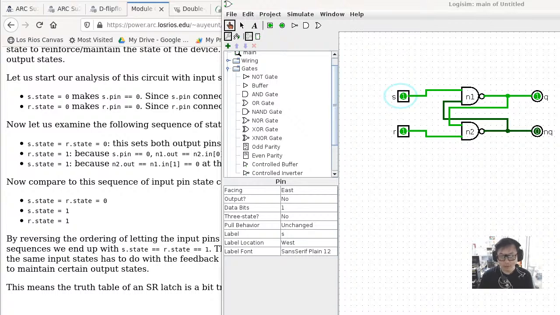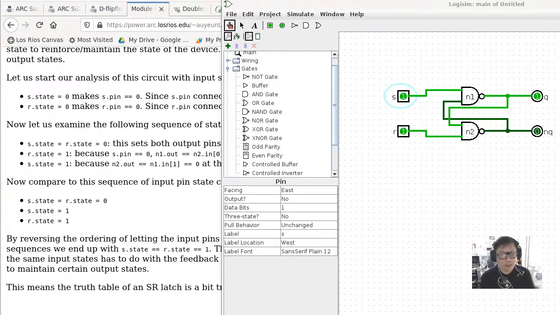So do we have any questions about the behavior of the circuit by the initial state 0 0 as the input, switching R from 0 to 1 first, then switching S from 0 to 1? Okay, we don't have any questions.